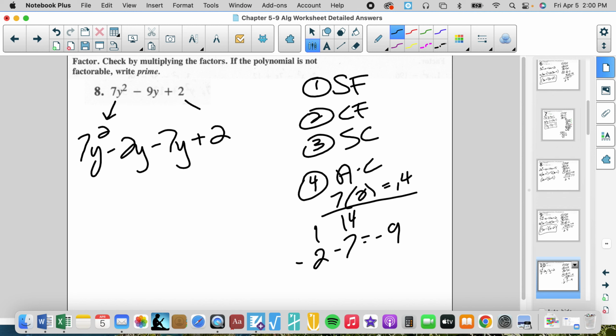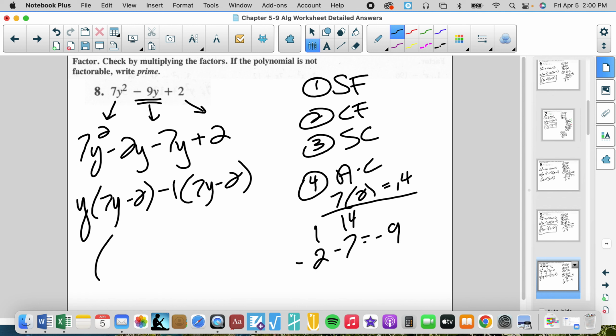Remember, these just come out, and we're just rewriting this as our outside and inside. We're going to factor out a y. We get 7y minus 2. We're going to factor out a -1, which gives us 7y minus 2. 7y minus 2, y minus 1.